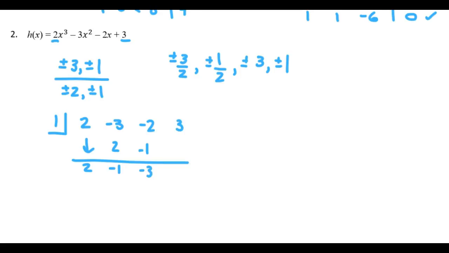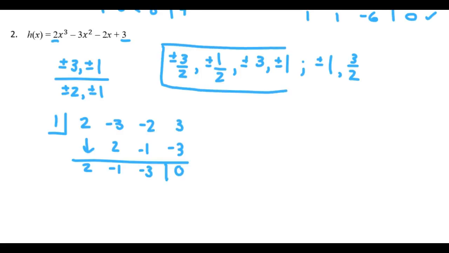Add them. We get negative 3. 1 times negative 3 is negative 3. I get 0. So positive 1 is definitely a 0. I'm going to tell you that negative 1 is also a 0. And you will find that 3 halves is a 0. So on the left here, I have my possible zeros. And then on the right, I have my actual zeros.